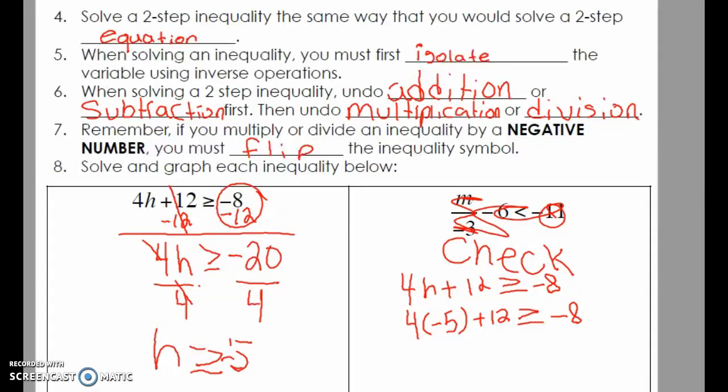Okay, what is 4 times negative 5? Alex's turn now. 4 times negative 5. Negative 20. Plus 12.